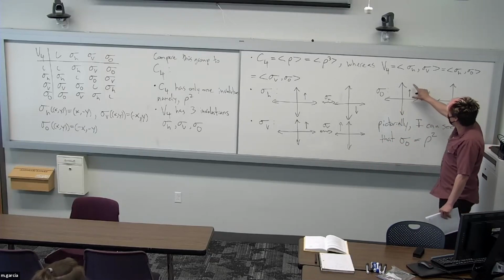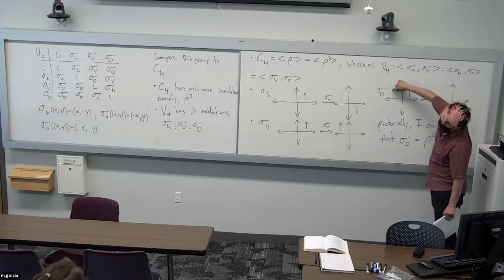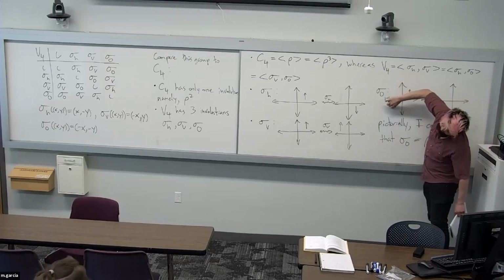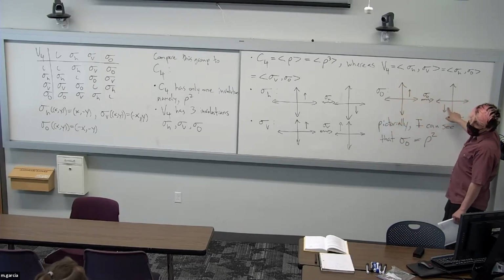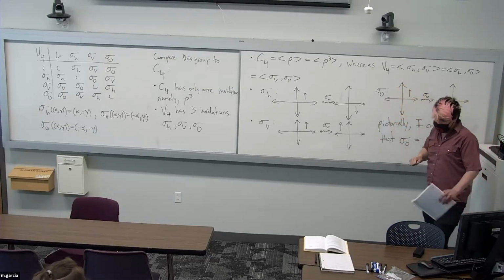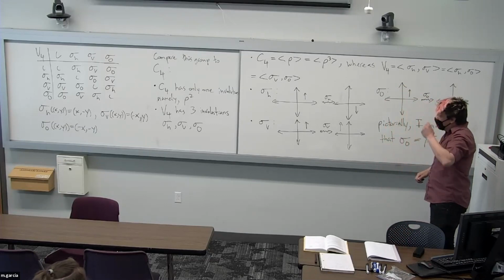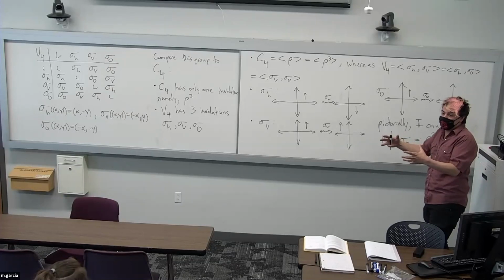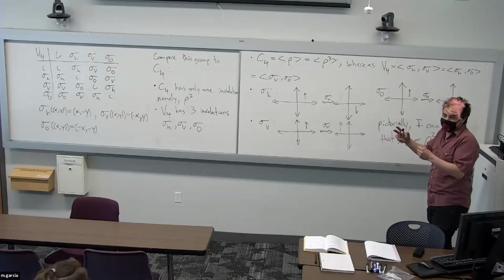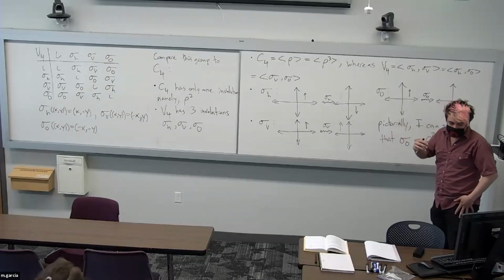If I take this arrow, apply rho, I get this arrow, apply rho again, I get this arrow. Okay? So again, there's some non-trivial relationship between rotations and reflections.